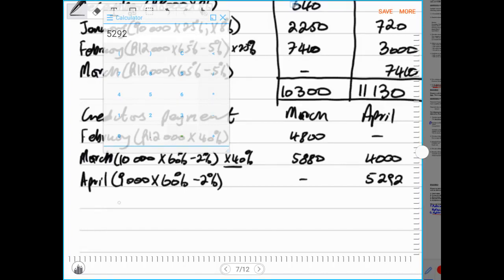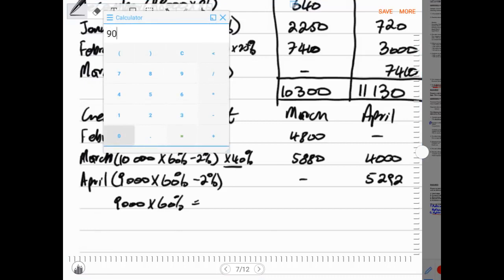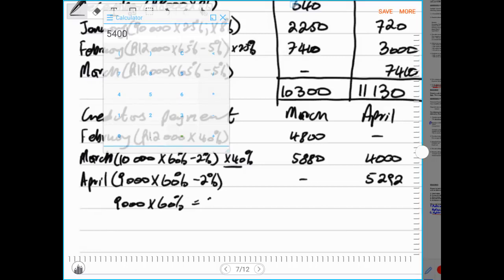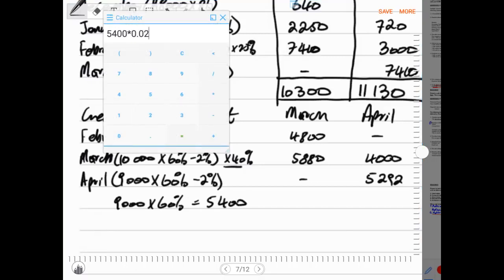And when we deduct 2%, that will be 5,292. Remember, we say 9,000 times by 60%. Just to get clarity, 9,000 times by 60% gives us 5,400. Then we say in that amount, how much is the discount? Discount is 108.